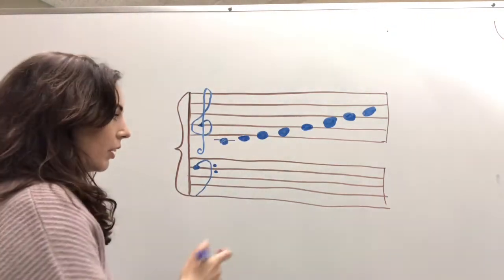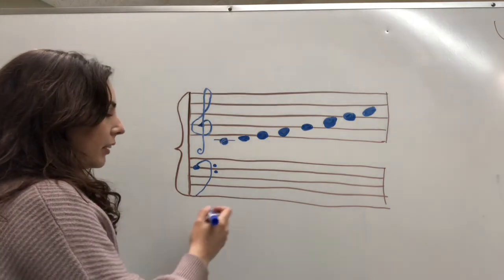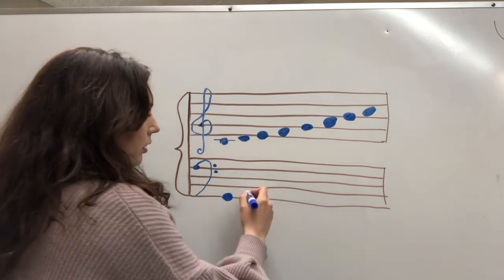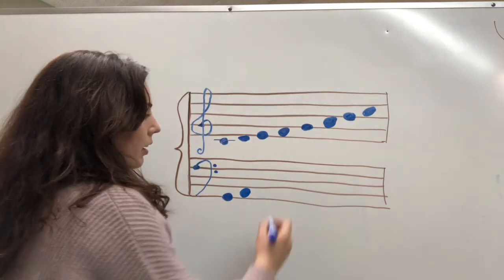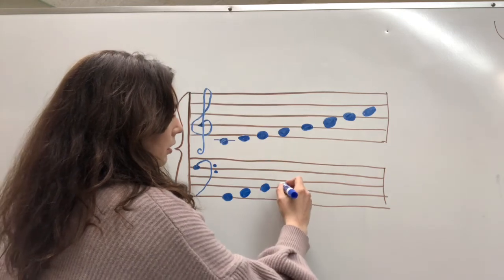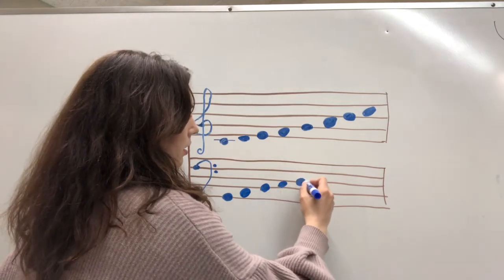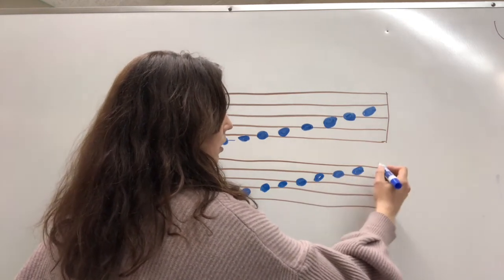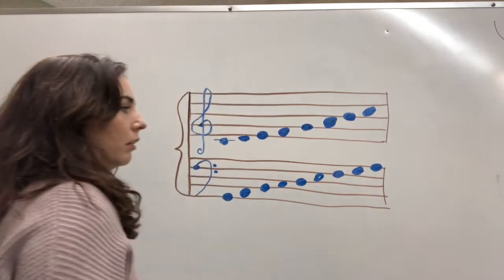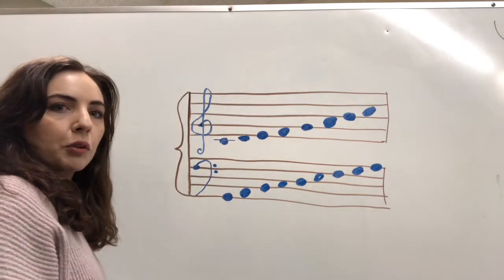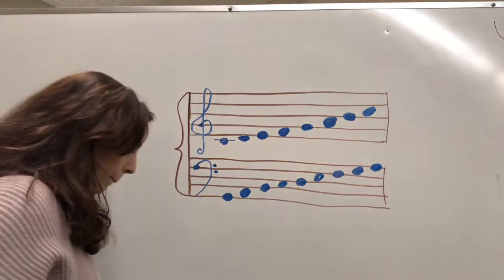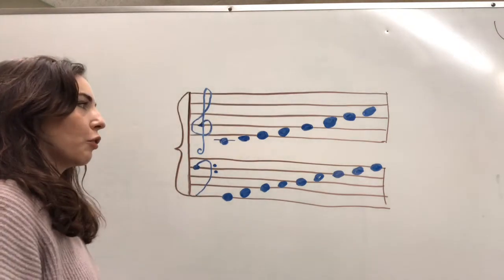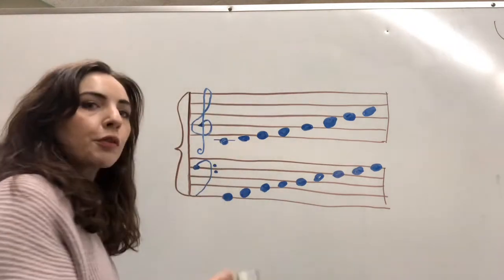So on our bass clef, let's just go ahead and start on G down here. A, and then B, C, D, E, F, G, and A. Then once you have all of your notes on your staff, or as many as you can fit on there, go ahead and write down those letter names underneath, just for practice.